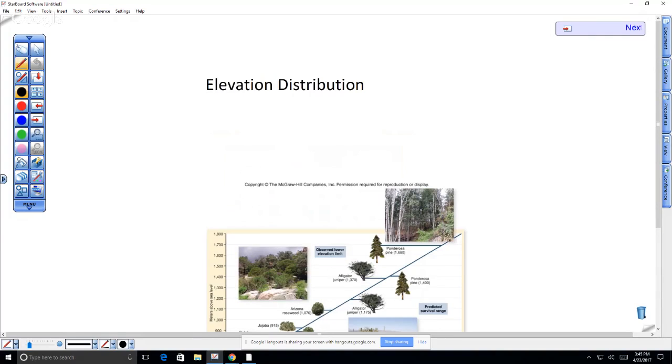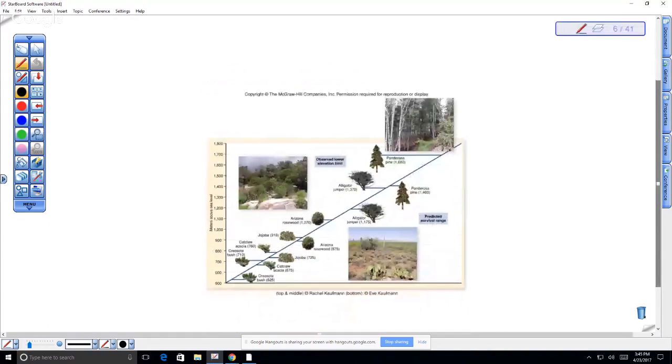And so as we move up in elevation, there's a change in the distribution and the types of plants. Down low, it's very hot and very dry, so we see creosote bushes, and then we see them morphing into junipers. And then at the very top, we see ponderosa pines. So we can see that there is a gradient here due to elevation.